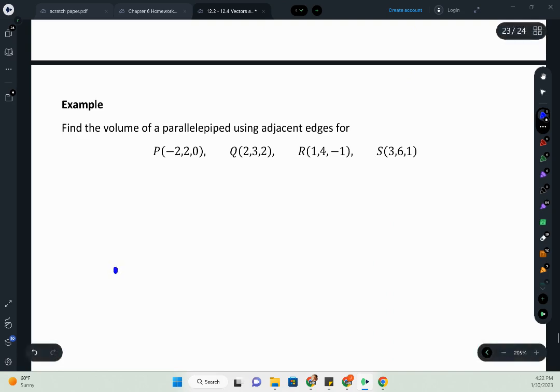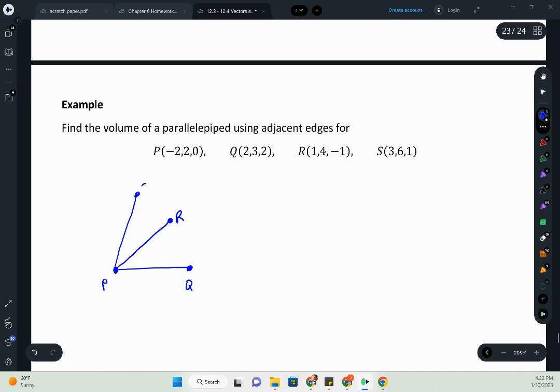Let's say that this first dot will be P. Then we have an edge here that moves out. That'll go to Q. Then we have an edge that goes up, and we have an edge that goes in.